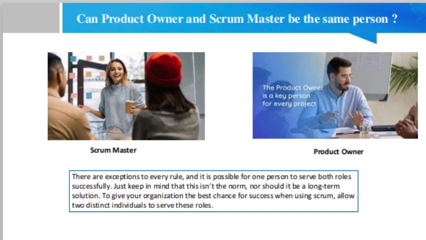They do this by working with the product owner to clarify goals, scope and product domain while managing the product backlog and understanding future product requirements. Coaching the development team to self-organize, promote cross-functionality, facilitate Scrum events and remove interference from the development process.